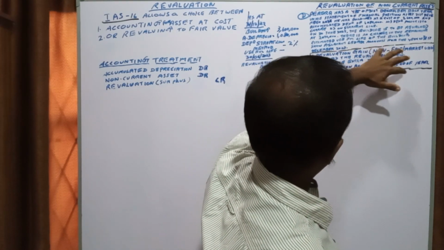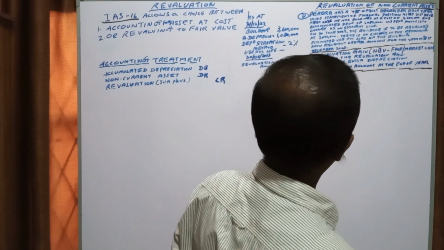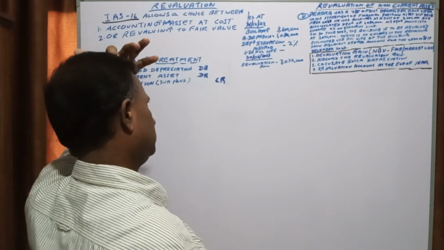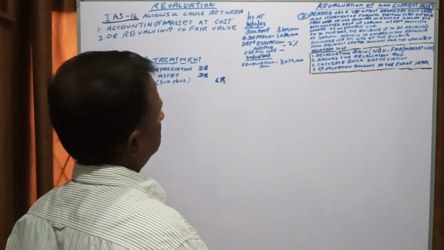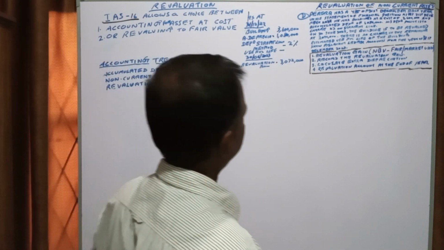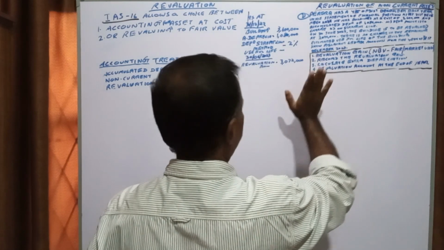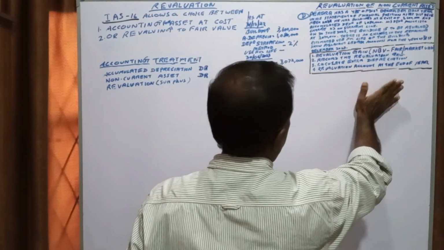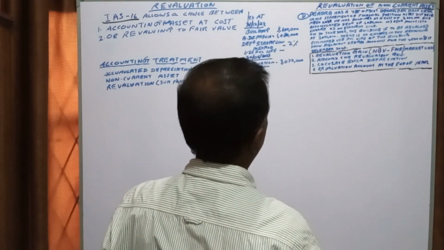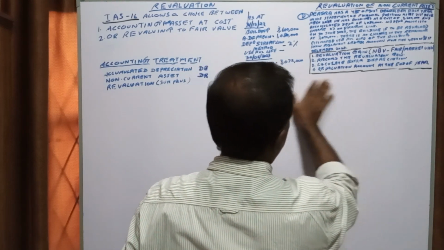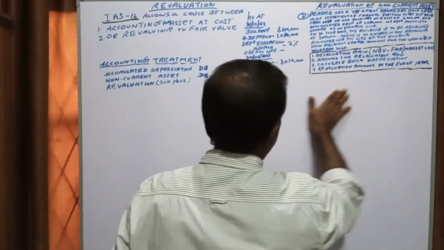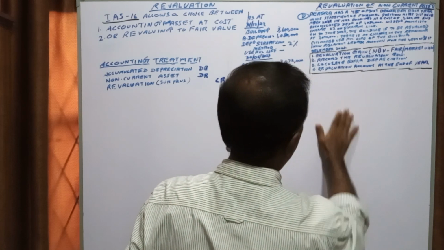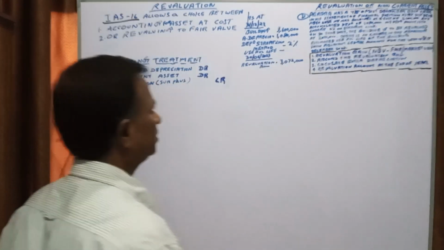Show relevant ledger accounts for the year ended 31st December 2023. We have to show the accounts at the end of the year. That means we will calculate the revaluation gain, record the revaluation gain, calculate the extra depreciation, and show the revaluation account as at the end of the year.